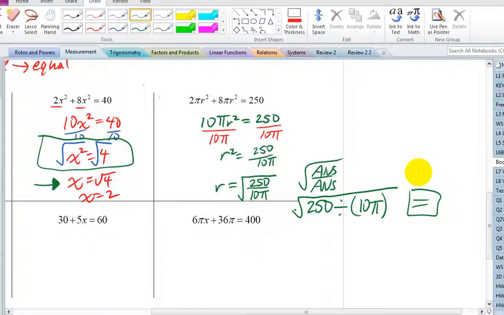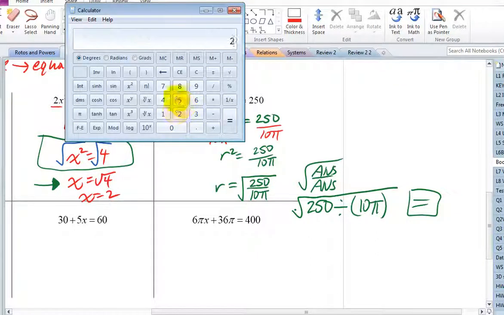Everyone needs to try this on your calculator because it's easy to screw this up. So on my calculator, 250. I'm not going to do the square root until after, because my square root never appears. So divide by bracket 10 times pi bracket, equals. Now I square root, and equals 2.82.